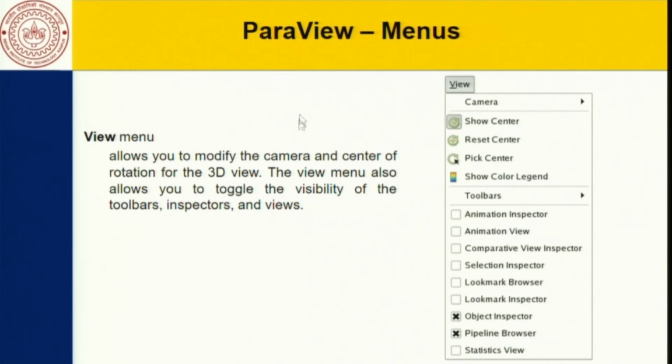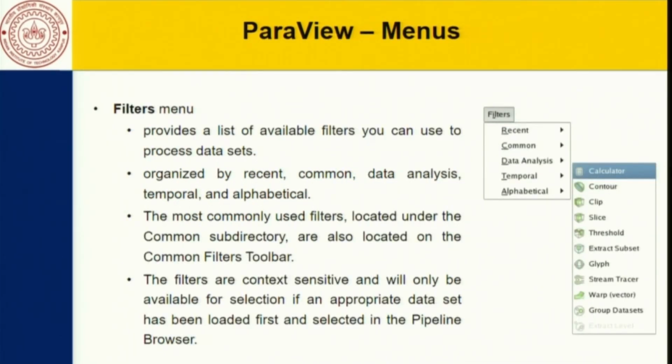Next, in the view menu, what are the options? Here you can change the render view, like the orientations, and try to see how it can be better visualized. And next is the filter menu. In the filter menu, what are the options? They are recent, common, data analysis, temporal and alphabetical. Recent means whatever recent filters you have used, filters like contour, clip, slice, threshold, glyph and so on.